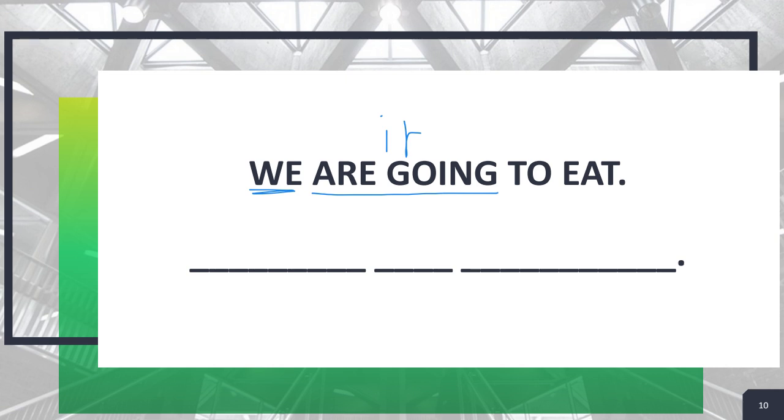And in order to match the verb ir to our subject nosotros, we would change it to vamos. Okay. We want to say to, it's a. And we want to say eat, which is the verb comer. And remember that we don't have to conjugate our second verb. So vamos a comer, or we could say nosotros vamos a comer.